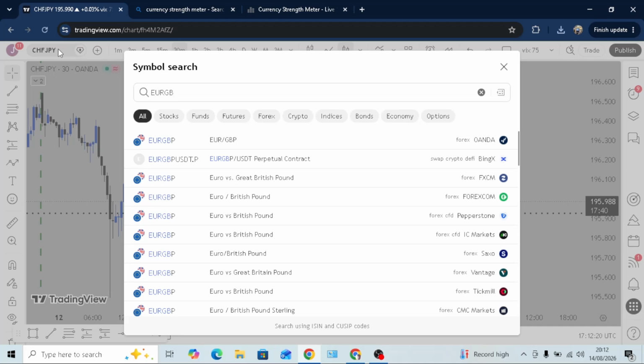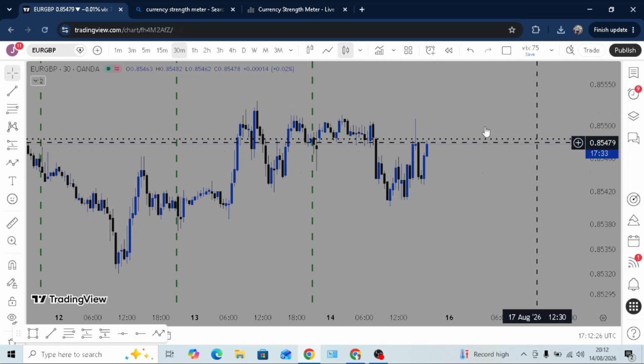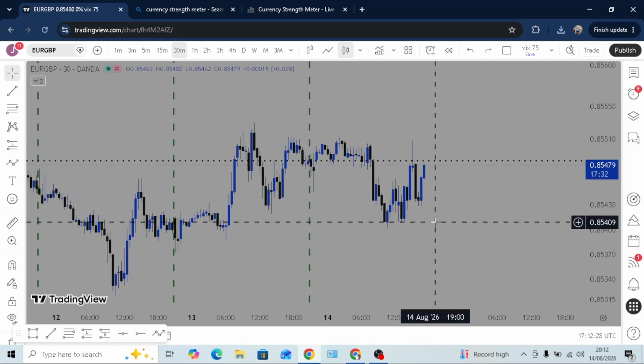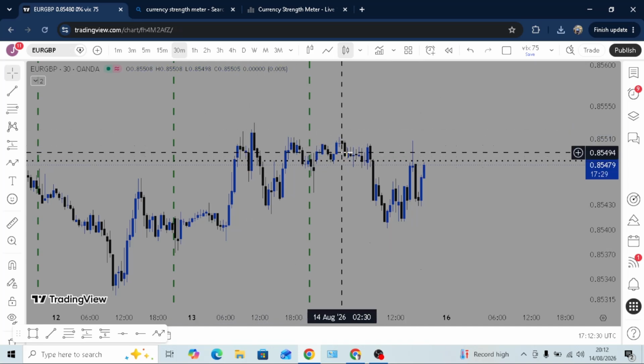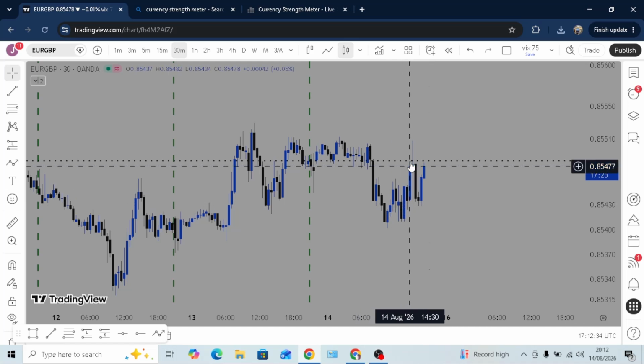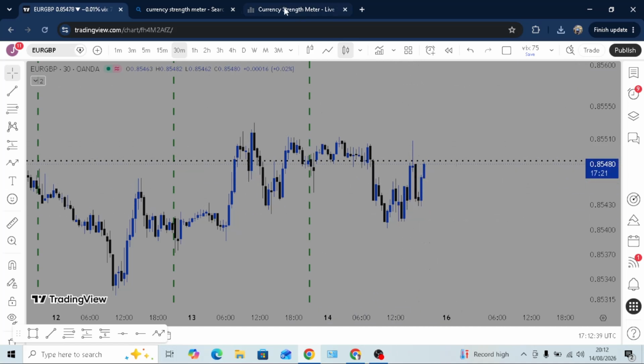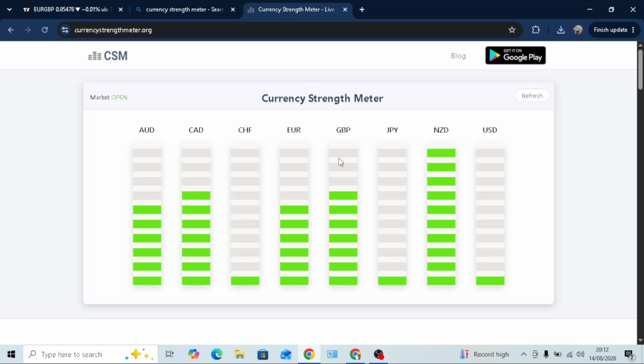So you don't do the strong pairs together or the weak pairs together. You just interchange them. Like I said, guys, it has been ranging. No clear direction. It tried to chop on the side and then tried to drop. It failed. Currently, it is just pulling back. So that's how you use this currency strength meter.